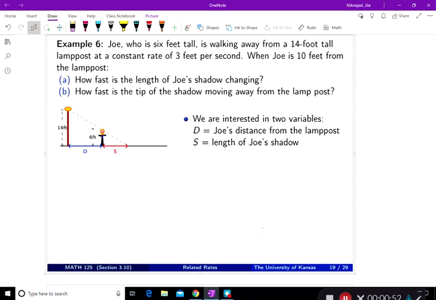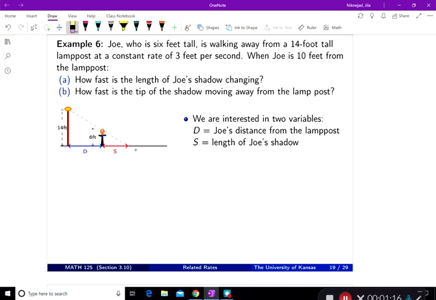So let's say Joe's standing over there, and here's the 14 feet tall lamppost. The light from the lamppost goes above his head and then down here, but it doesn't go through him, so the shadow is built over here basically.